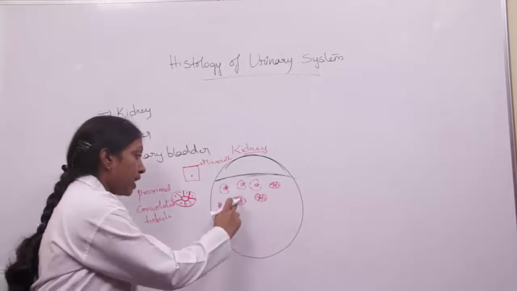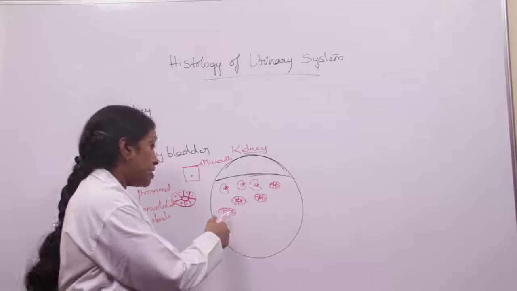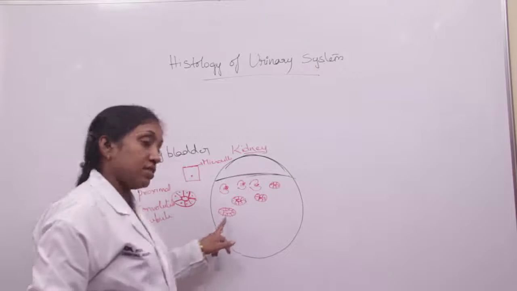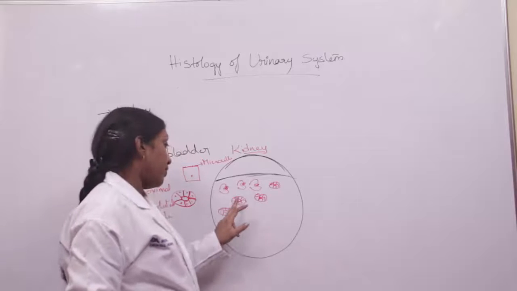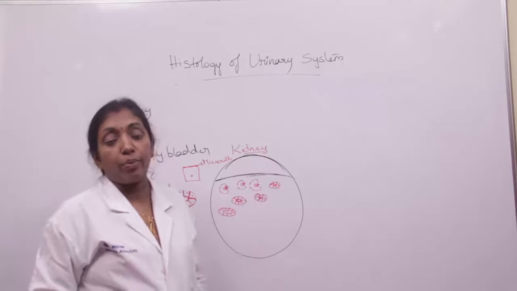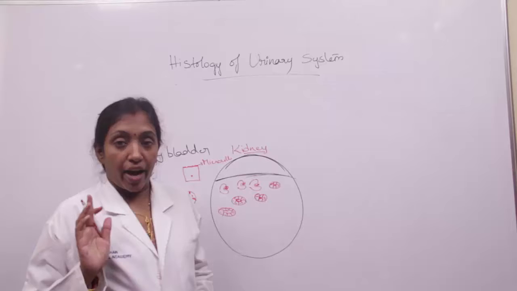The proximal convoluted tubule has a comparatively small lumen, and the distal convoluted tubule has a large lumen. The proximal convoluted tubule cells have a striated appearance because they have a striated border from the numerous microvilli, and the distal convoluted tubule does not have a striated border.